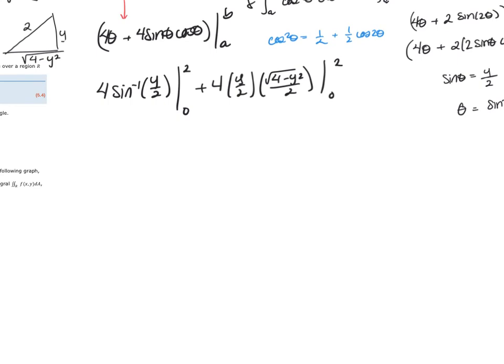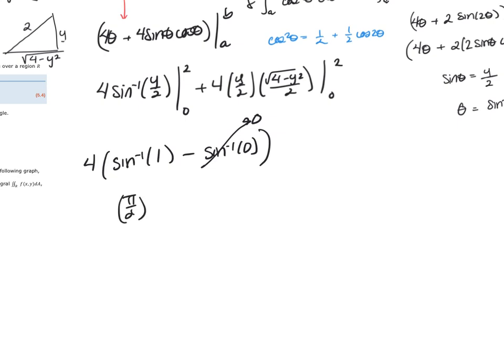So looking at my first one, I have 4, and then I'm going to put in 2. So this will be the sine inverse of 1 minus the sine inverse of 0. Sine inverse of 0 is equal to 0. The sine inverse of 1 is pi over 2. So I have 4 times pi over 2.